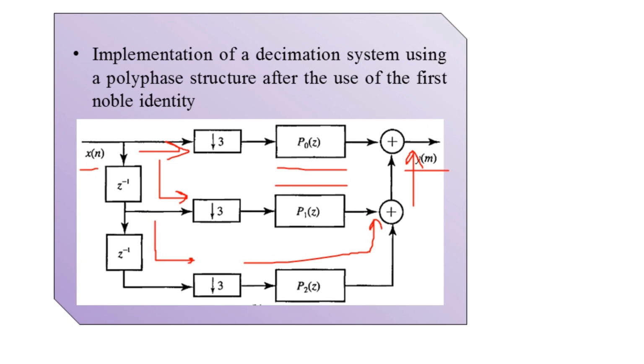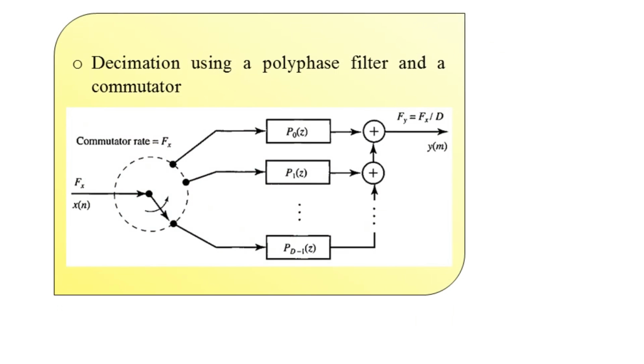Now in general, for decimation using a polyphase filter structure and a commutator, the generalized representation in block schematic form can be like this. Here we show the commutator. The commutator rate is denoted by capital Fx here.